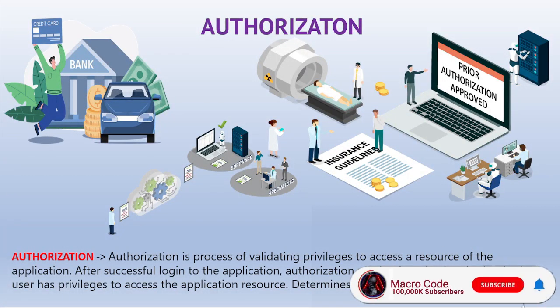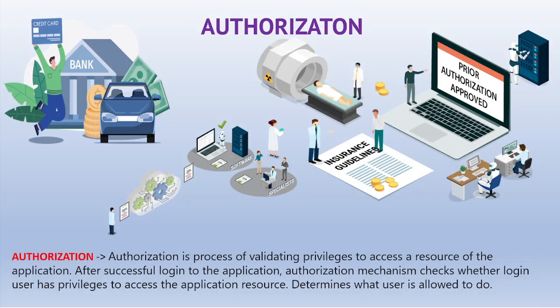After successful authentication, the system determines if the user has the authority to use or access a specific resource. Taking our example of the employee, the employee may not have access to everything inside the workplace.